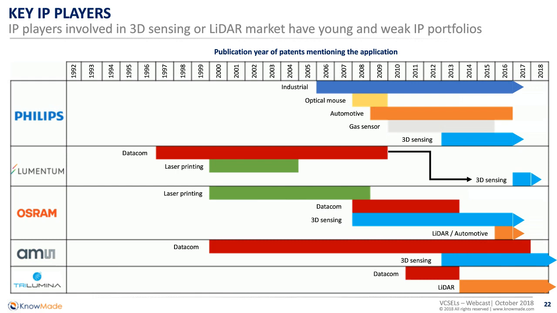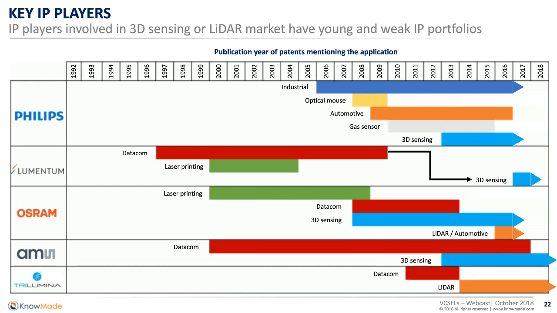And here what is interesting is that for Philips, Lumentum, and Osram, 3D sensing is not the first application that they were protecting or addressing with their VCSEL portfolio. In fact, they all started with either datacom or even other applications such as industrial application.